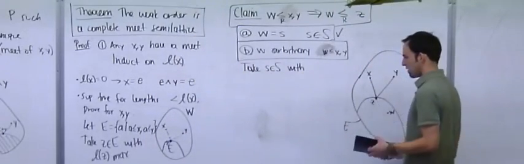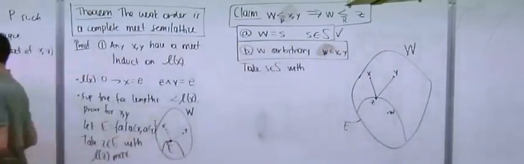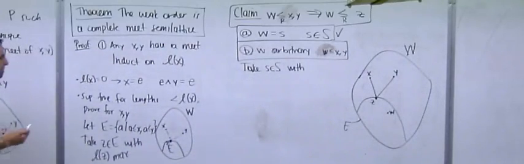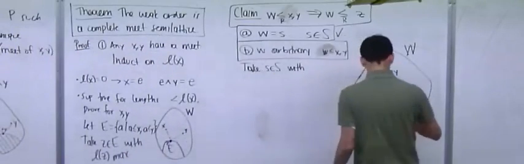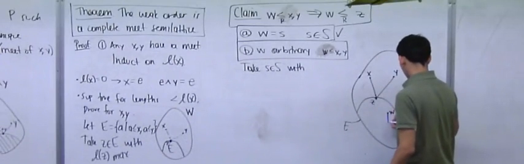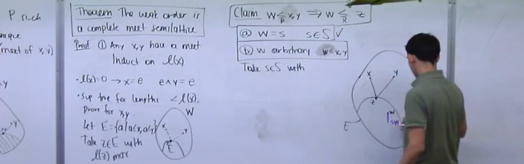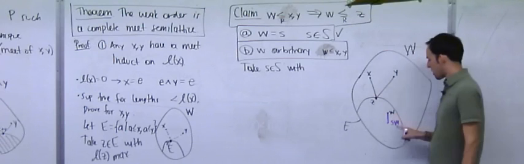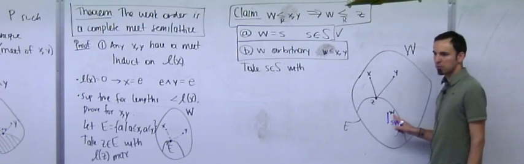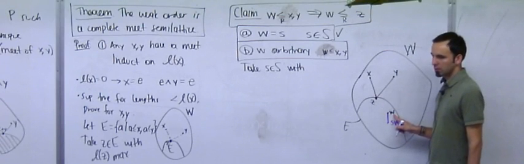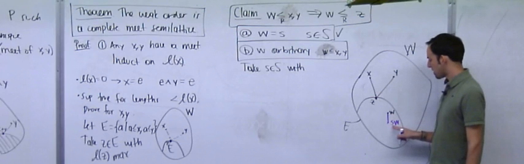So I'm actually going to need some nice colors here. I want to obtain something like this. Now, if I want SW to be lower than W, then what property does S need to have?